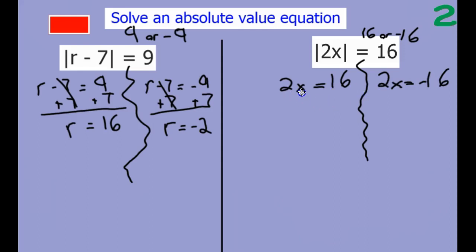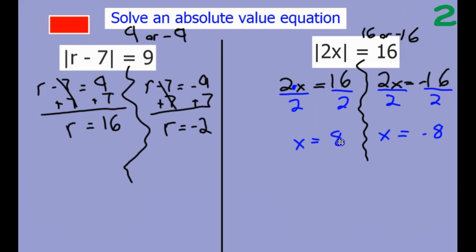So we solve this just like any other. If 2 is touching our x, we know there's like a multiplication sign in the middle. We have to divide by 2. X then equals 8. Here we also have to divide by 2. X would then equal negative 8.